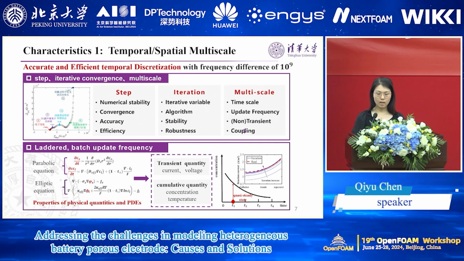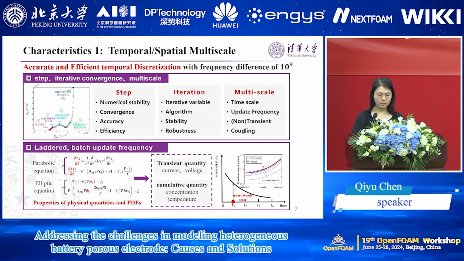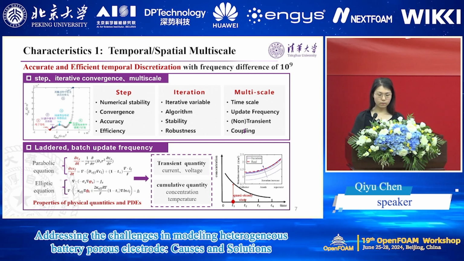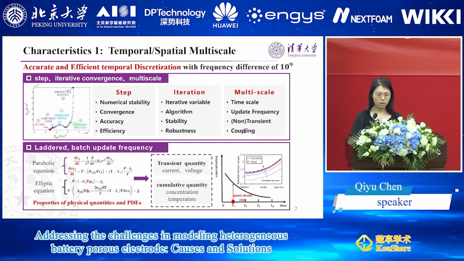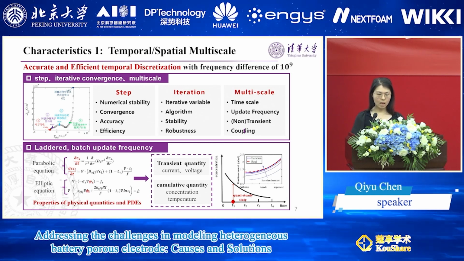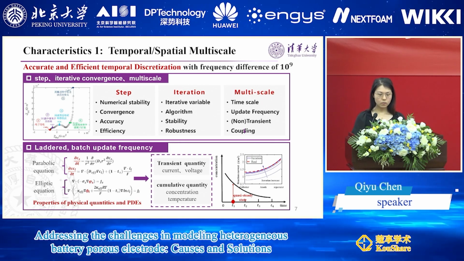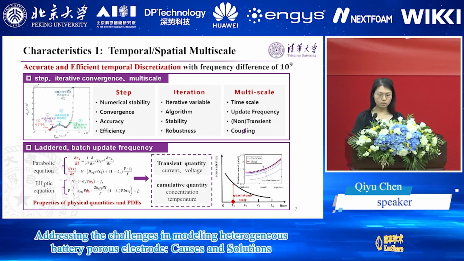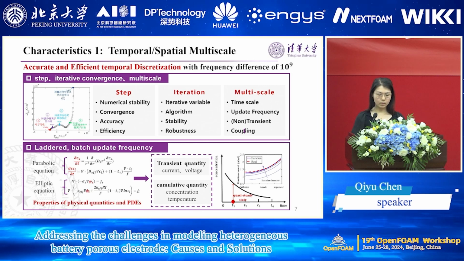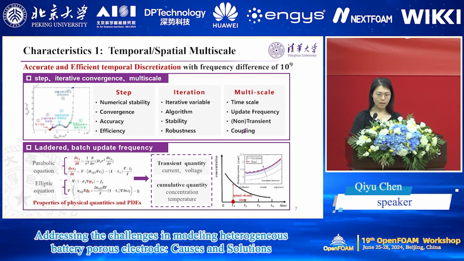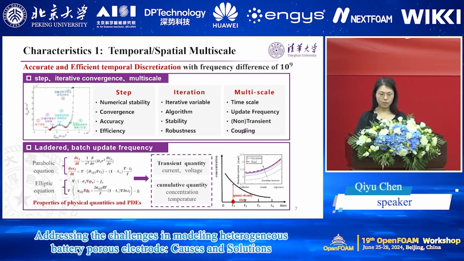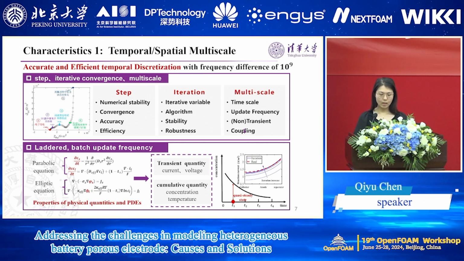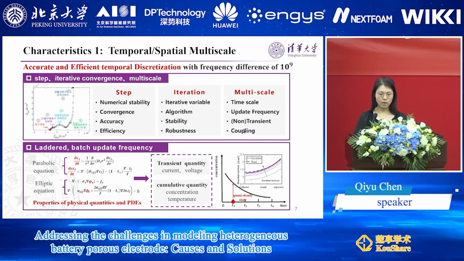Taking the electrochemical model as an example, it can be broadly divided into transient diffusion equations and steady-state Laplace equations. Furthermore, it is necessary to consider the update frequency of physical quantities. Physical quantities can be categorized into instantaneous quantities with small time constants and equations without time terms, and non-instantaneous quantities with long time constants and with time terms, such as concentration and temperature field.